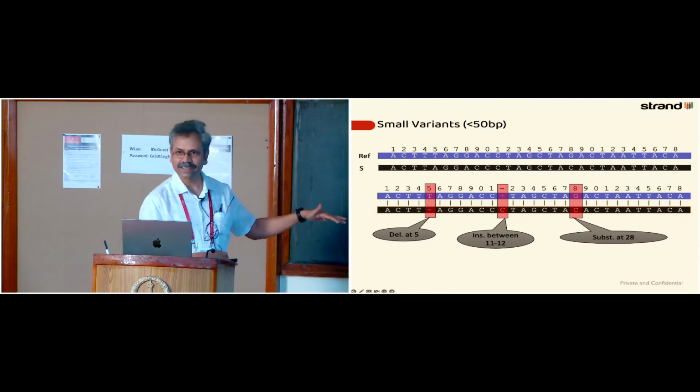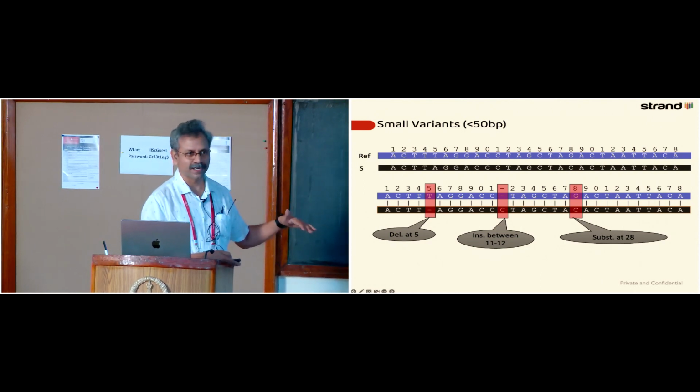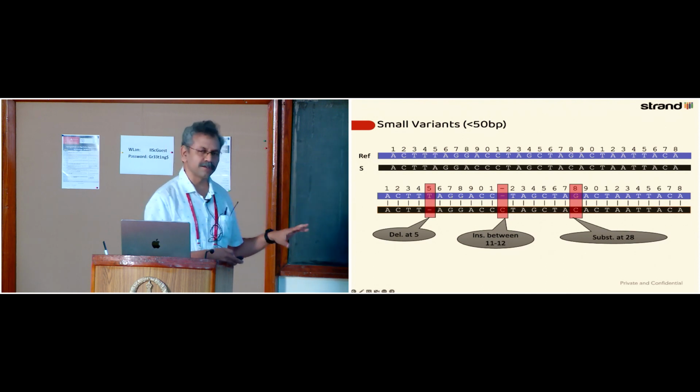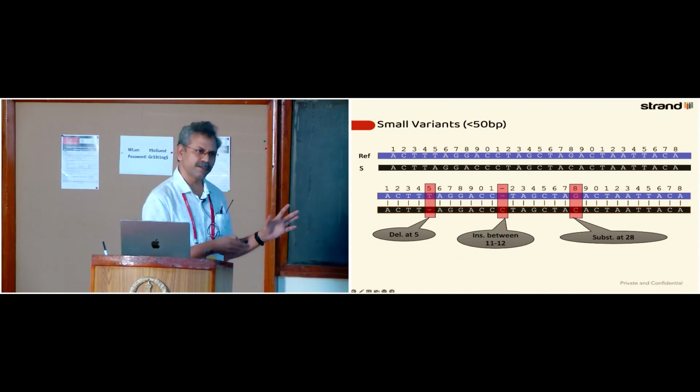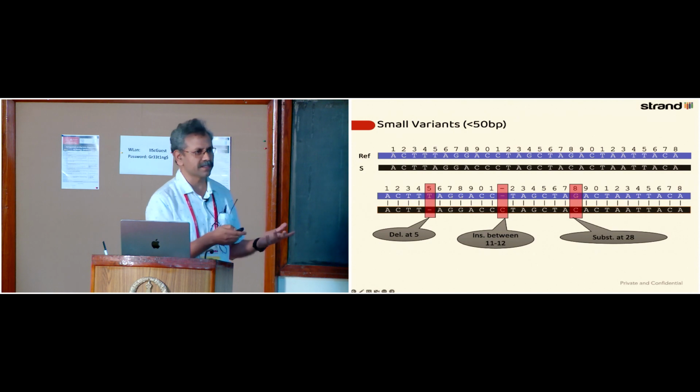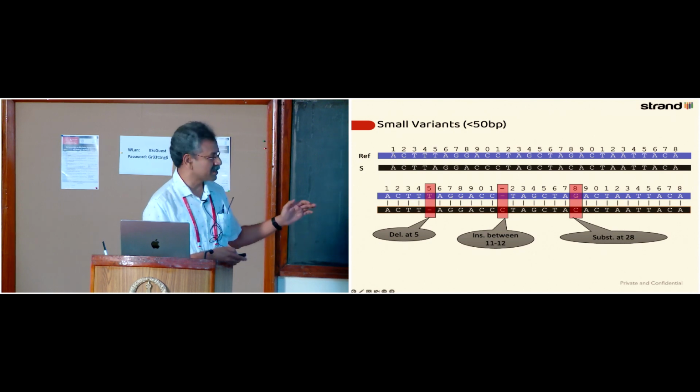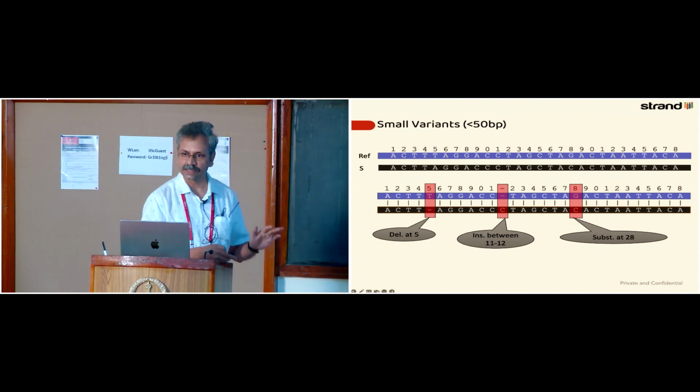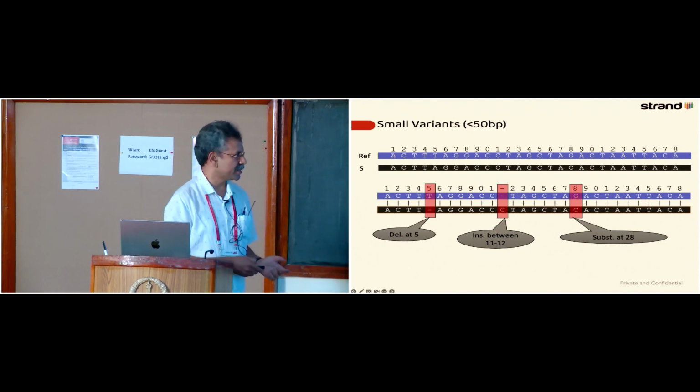Now, how do you generate the string itself, and is it long enough or not, and how do you do the comparison at the right location of the genome? All of those are different topics, but I'm not going to delve into it, because fundamentally you have a string, you're comparing the strings, you're looking at the differences, and you're cataloging them as deletions, insertions, and substitutions. So these are what we'll call small variants.